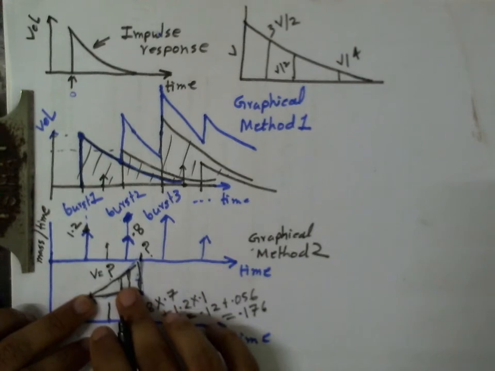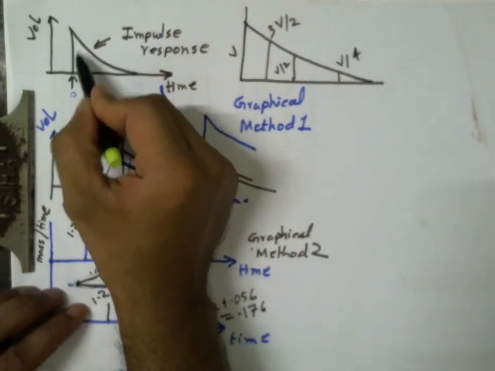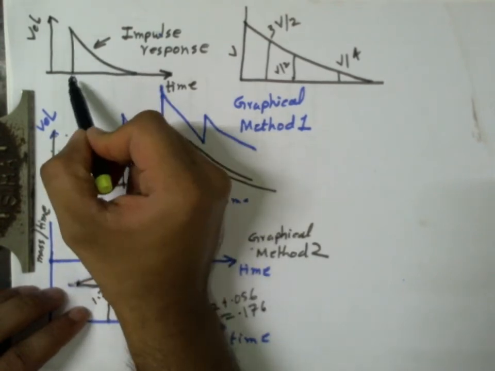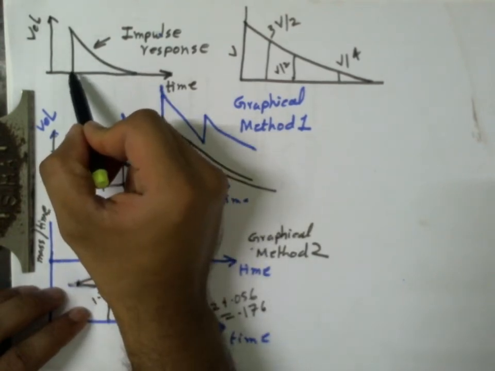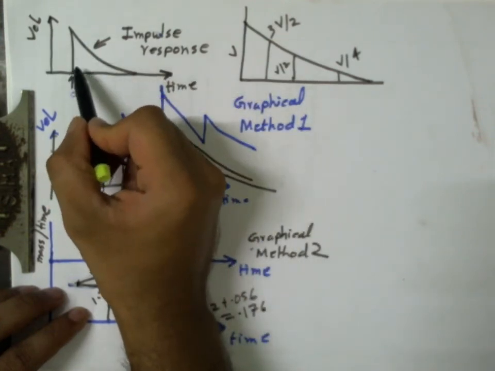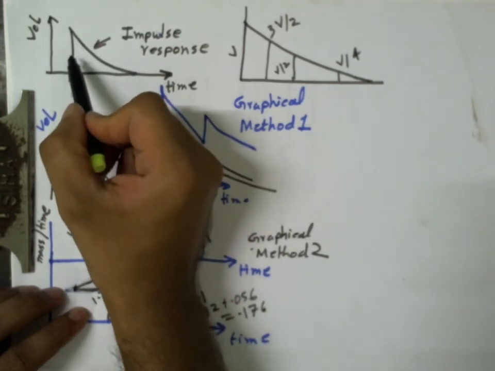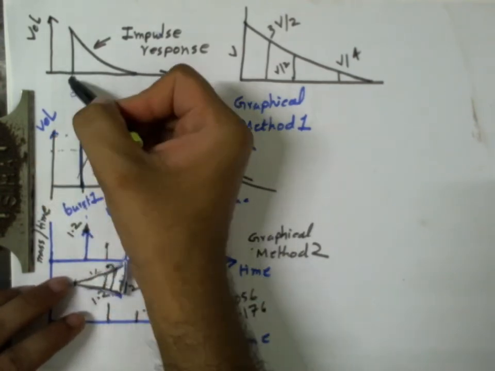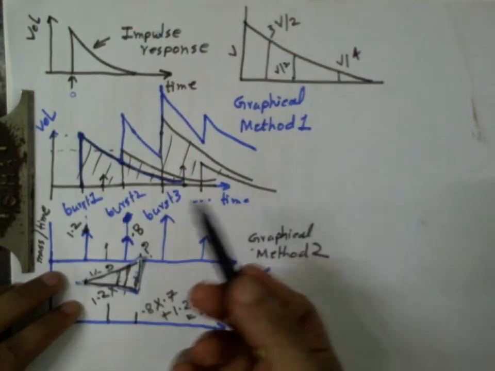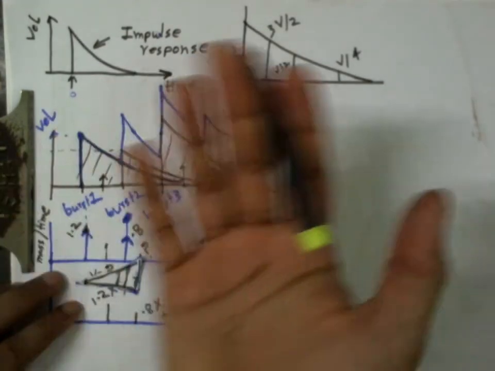Before that, observe that the impulse response or the velocity response of the rocket starts after or from the instance when the rocket is ignited. Definitely, the rocket cannot have any velocity before it is ignited, because physics says effect can never precede the cause.